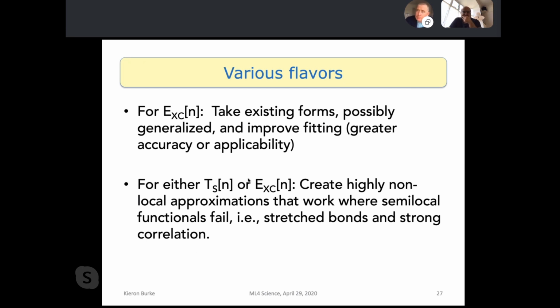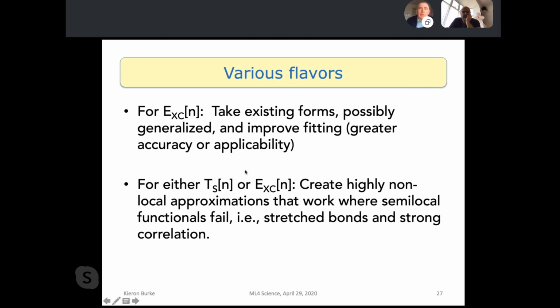There's a paper from 25 years ago by David Tozer and Nick Handy, where they actually used a neural network to create a new functional. And the idea is, of course, that you get accurate data, and you make a density functional trained on the data.